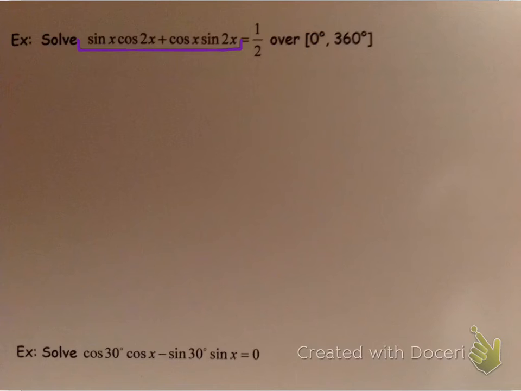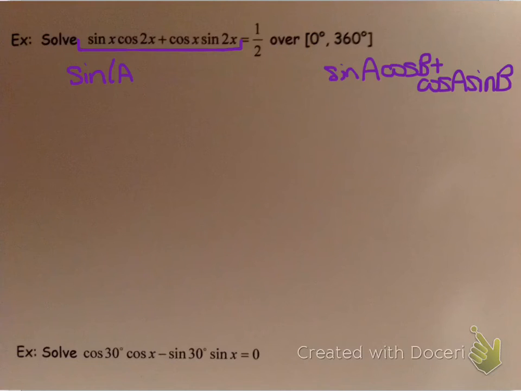So what we do is we match it to the short side of an identity. And the identity that has sine of A, I'll write it over here. We have sine of A, cosine of B, plus cosine of the same angle A, sine of B, is the identity sine of A plus B. And so what we're going to do is we're going to use that.